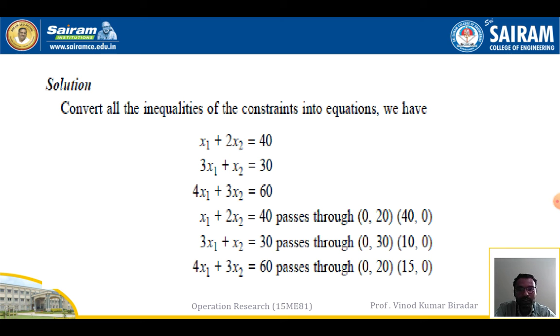Now in the third equation, repeat the same procedure. Put x1 is equal to 0 first, and you will get the point 0 comma 20. Put x2 is equal to 0, and you will get the point 15 comma 0. Remember, the first value indicates x1 and the second value indicates x2, that is, x comma y.